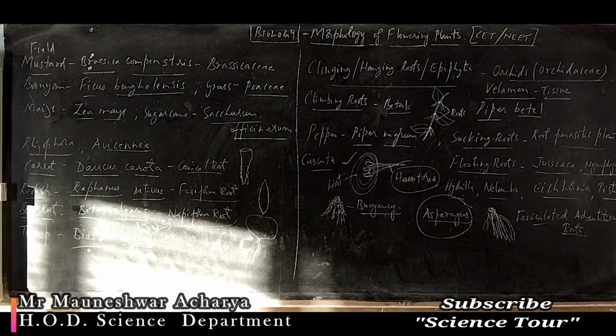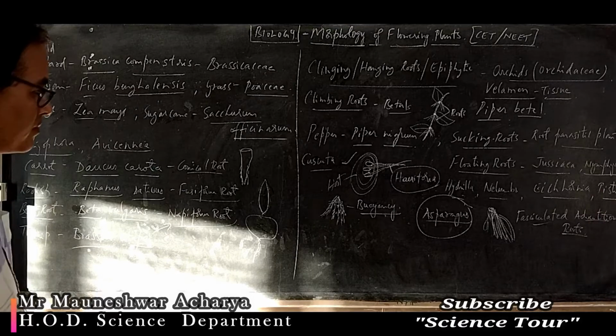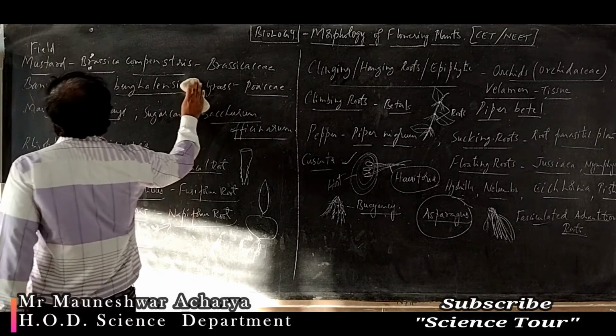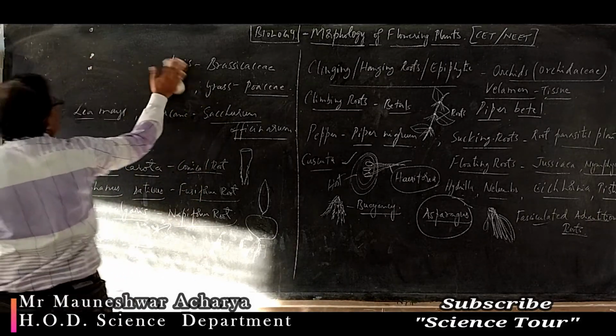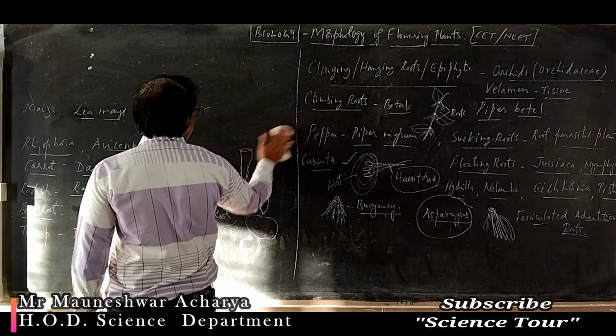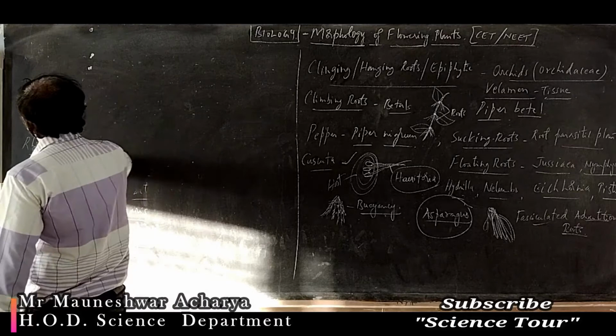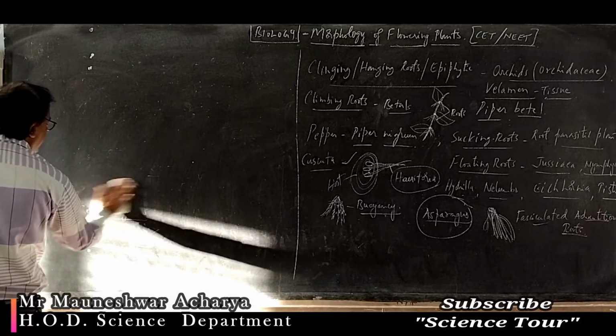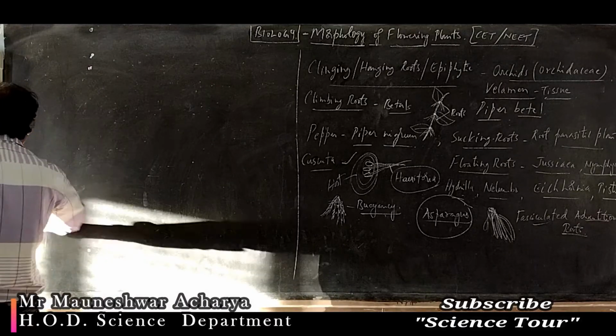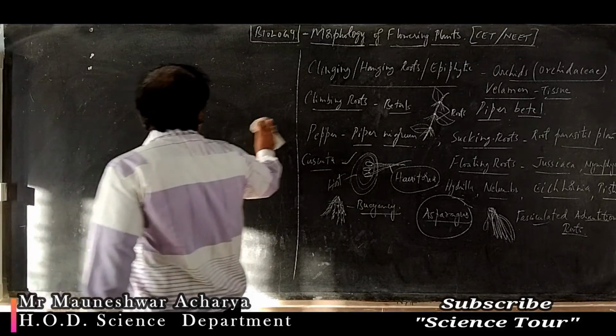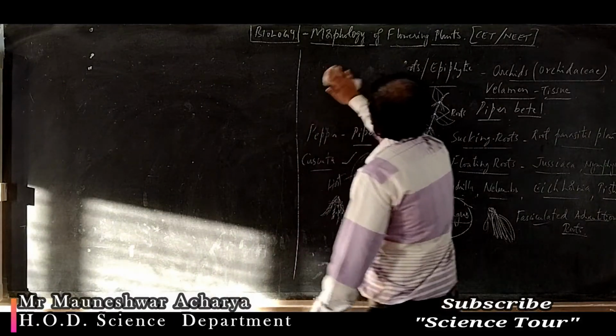Next we will move to the stem. Let me erase this. So what is the difference between the stem and the root, students? Stem is usually the aerial part of the plant. These stems have nodes and internodes.